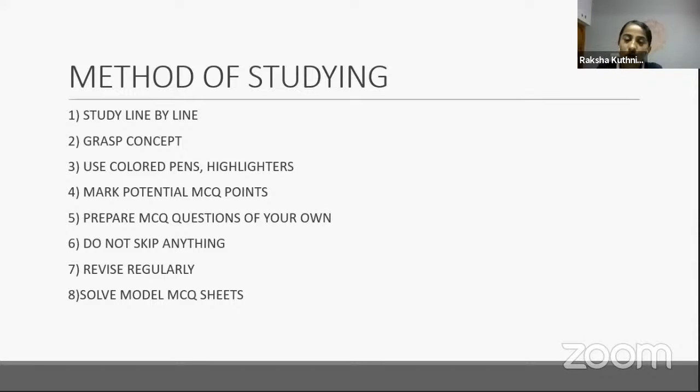If you think that way and study, and say every line I'm going to cover, I'm going to mark, I'm going to make MCQs of my own, and also for revision, on every page you put a sticky note on top of your textbook and summarize that page. In that page, what all is there? So one day before the exam, or let's say 1 week before the exam, when you want to revise, you can just see that sticky note, no? So it's as good as studying the entire textbook.